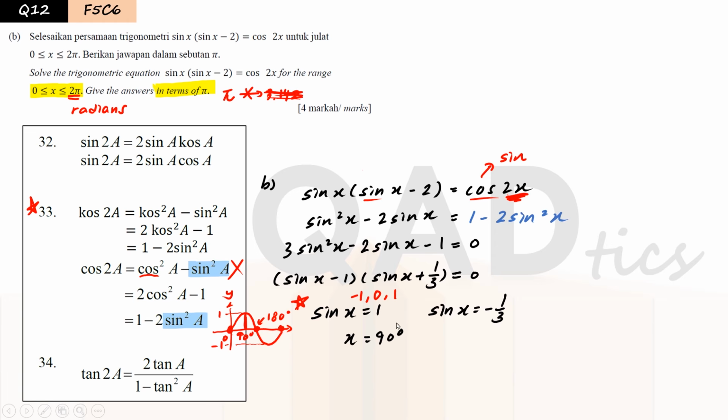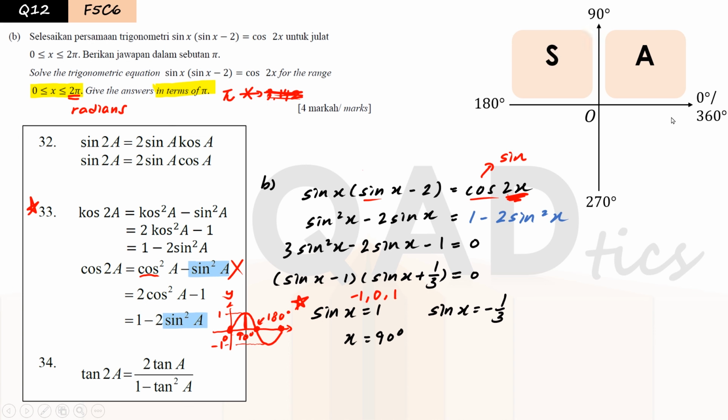Alright, for the second equation, we can use the ASTC method to help us, right? Because this value is not -1, 0, or 1. So this will be the ASTC graph. Alright, so we just need to do one thing.